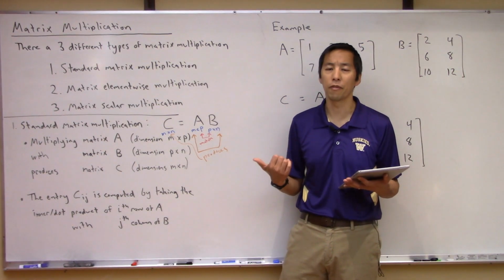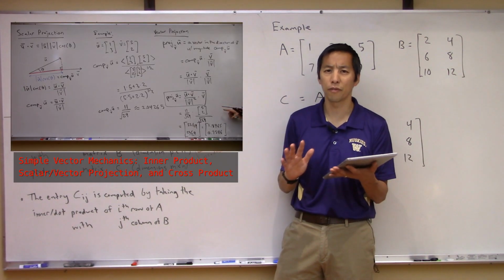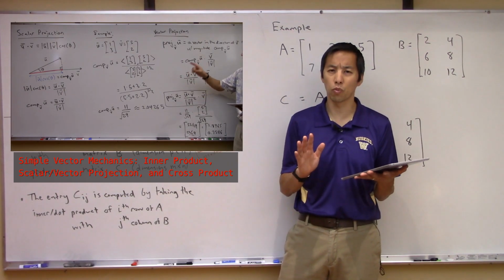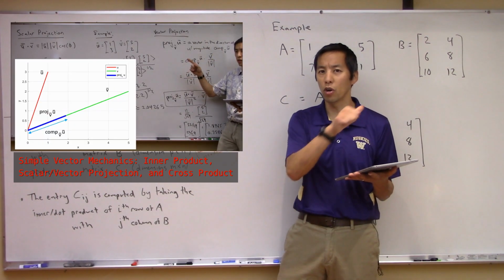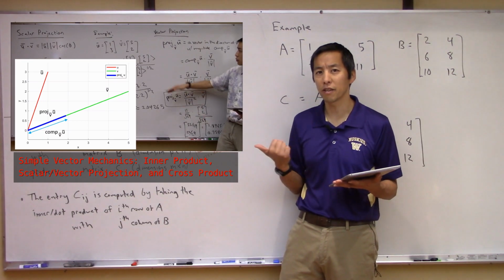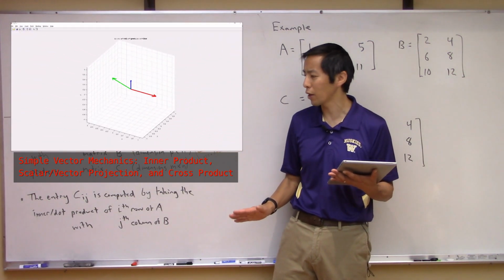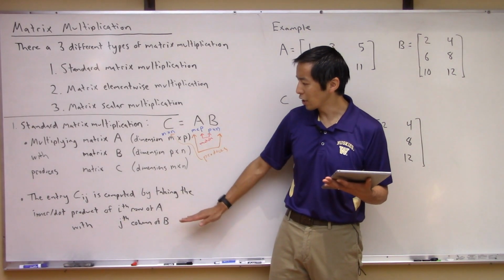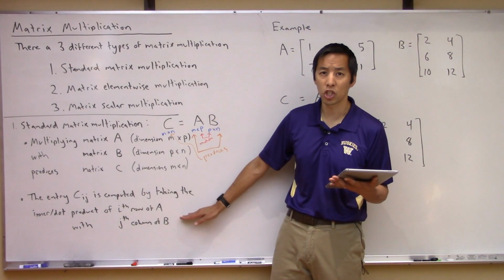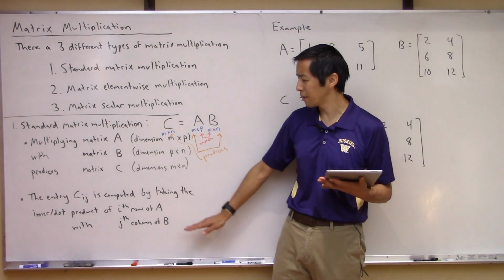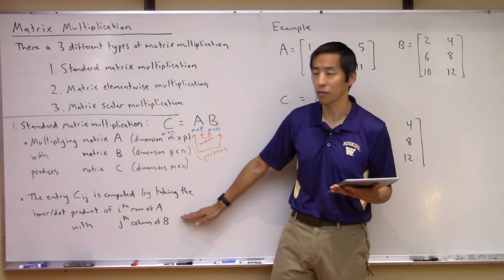We have a completely separate video on dot products and other vector mechanics, and you'll see it's quite a simple operation. Feel free to check out that video, but it's not a prerequisite to proceed. I just want to put this bullet down so we have the definition. Let's now jump over to the example and see exactly how you compute this.